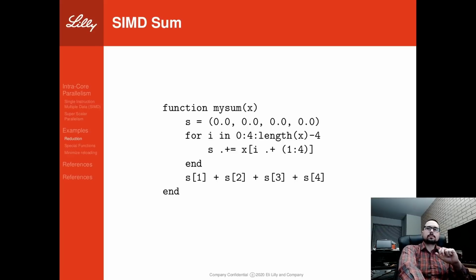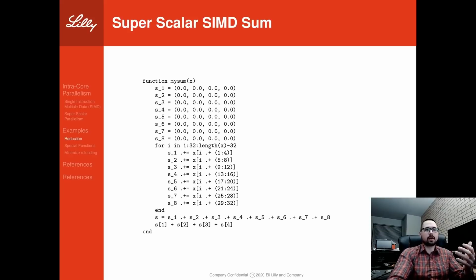Then the next optimization here for superscalar parallelism is that we said, hypothetically, that we have potentially 2 additions per clock cycle, and it takes 4 clock cycles to complete. So on each iteration of this for loop now, clock cycle 1 starts adding these 2, clock cycle 2 begins adding 3 and 4, then 5 and 6, clock cycle 4 adds 7 and 8, and then on clock cycle 5, these 2 additions are done, and we can begin the next 2.